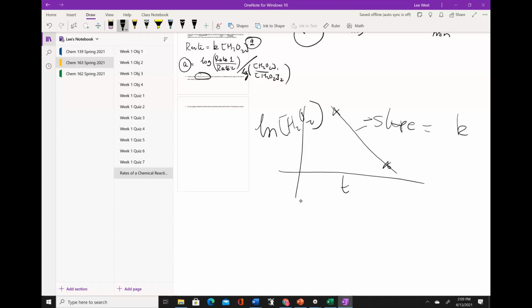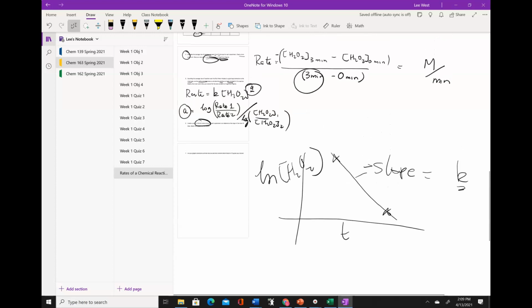Now, when we think about the properties of K, what we know is that it doesn't depend on anything other than the temperature. So even though we had different initial concentrations of H2O2 for the 2 experiments, K should be the same. Furthermore, the K that we get using the integrated rate law for a first order process should be close to the K that we got when we used method of initial rates.